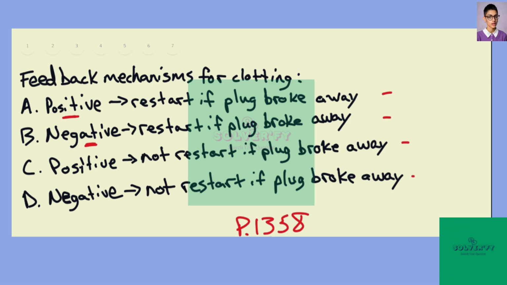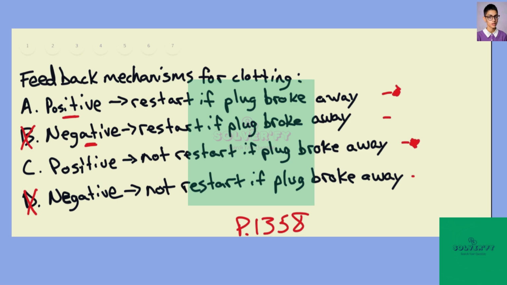So if you read on page 1358, it describes this clotting process, and it's pretty incredible if you think about it. It explains that when platelets or thrombocytes are attracted to a wound, they start binding to it, and they extend projections, release stuff from within them, and then this activates other platelets to come to the wound.